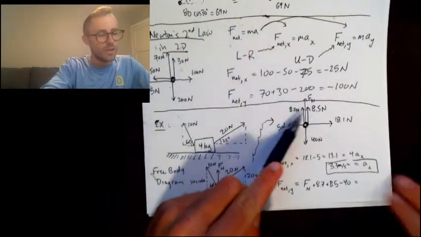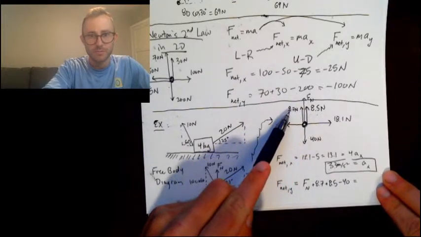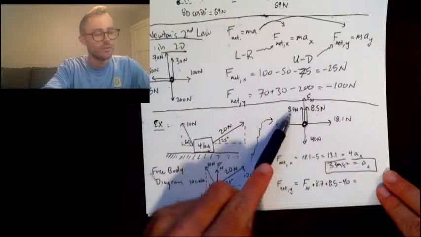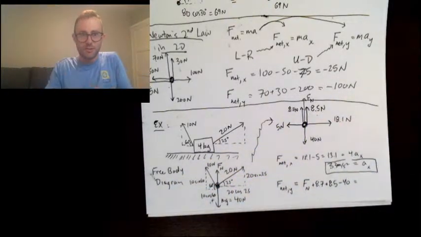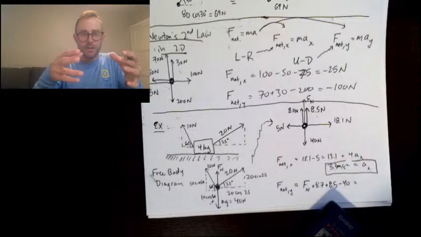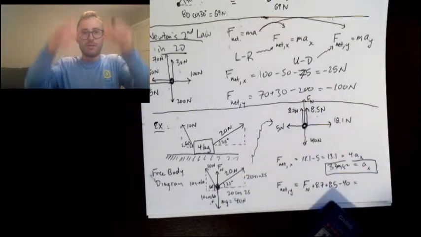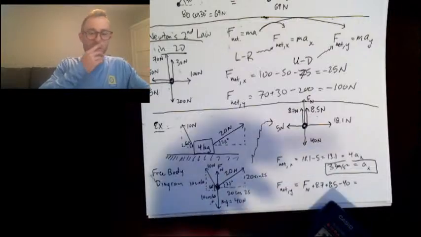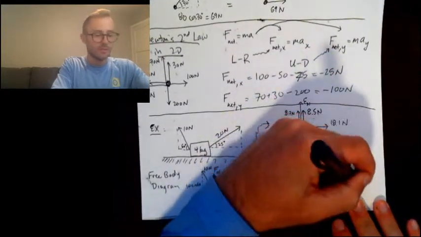Okay? We only have about 17 newtons of upward force being applied. 17 newtons is not greater than 40 newtons. So the box is basically stuck to the floor. And because it's stuck to the floor, it can only move side to side. It can't go up into the air or through the floor. Okay? So the net force in the y direction is going to be 0.